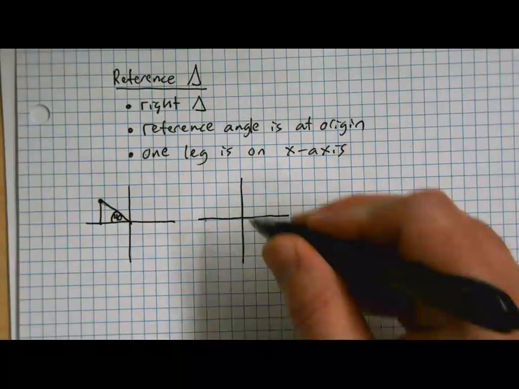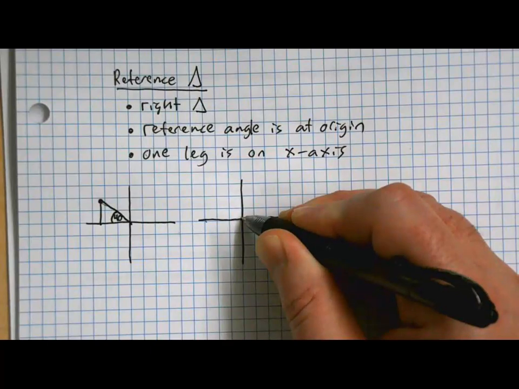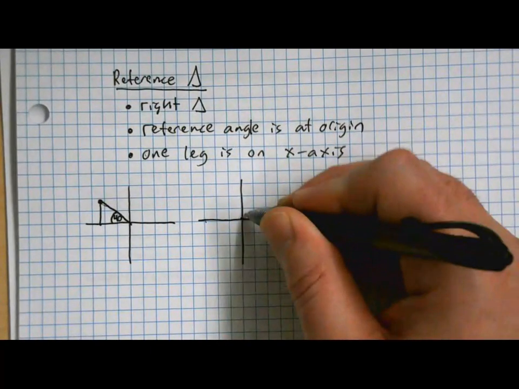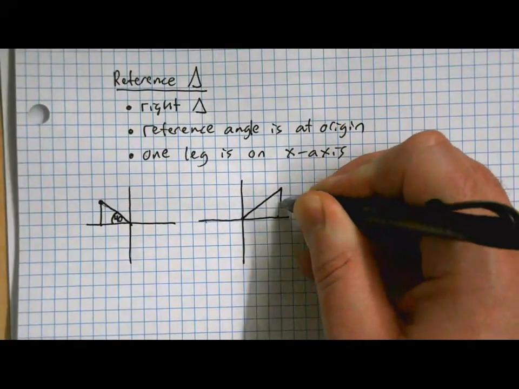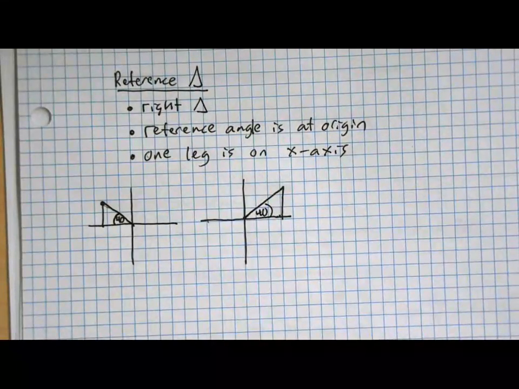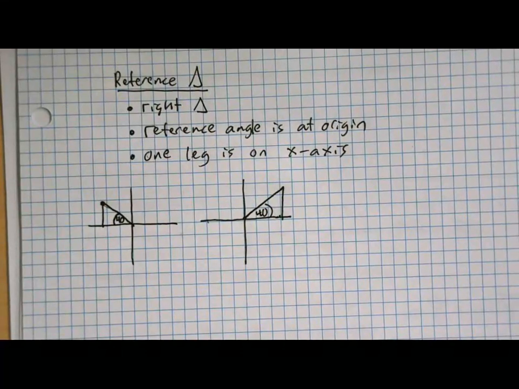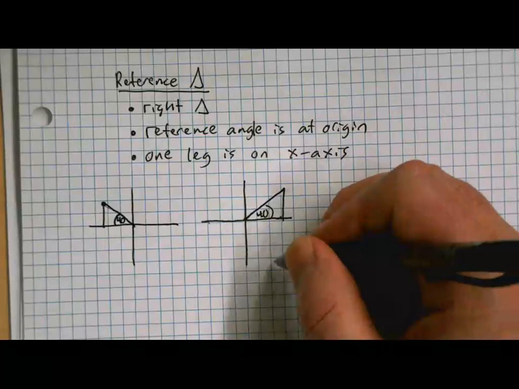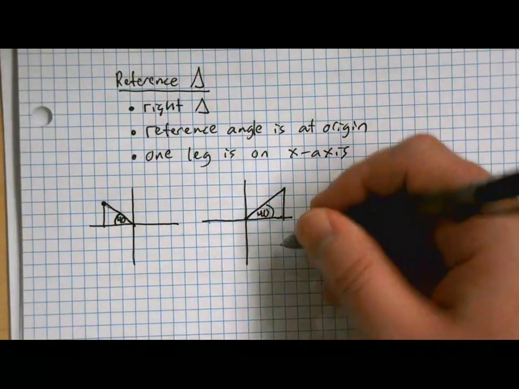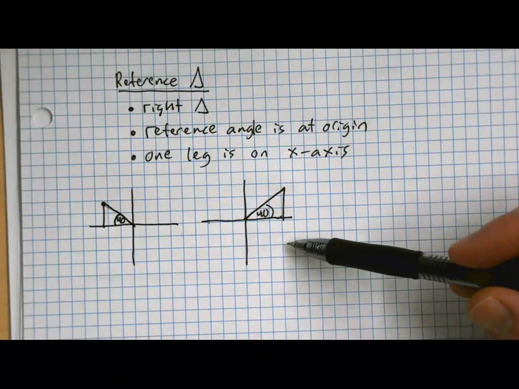That 40-degree angle needs to be at the origin, and your triangle must connect to the x-axis. So that reference triangle would look like this. Let's do it on the same grid here, on the same XY axis. Could you draw me a reference triangle in the fourth quadrant that had a 40 degree?